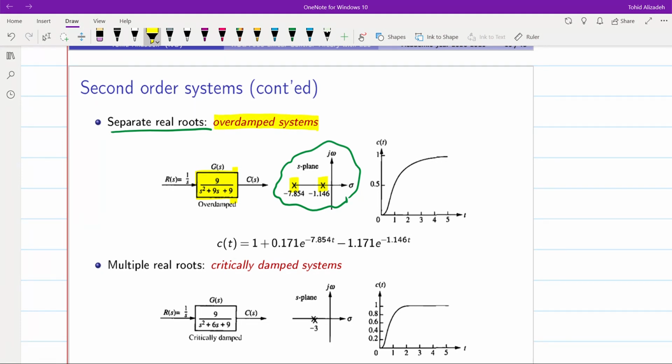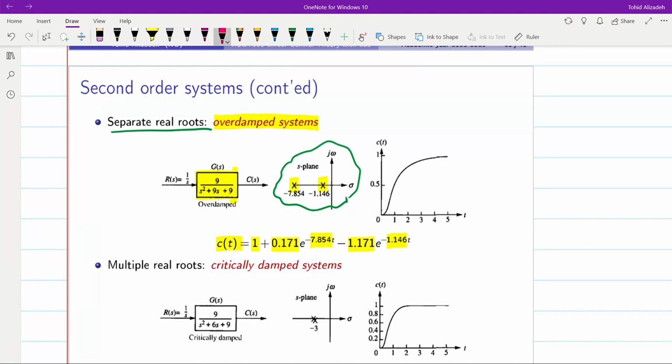And the type of the step response that we get for such a second order system will be in this form. So c of t will be equal to 1 plus a coefficient times e to the power of minus 7.854t, minus another coefficient times e to the power of minus 1.146 times t.